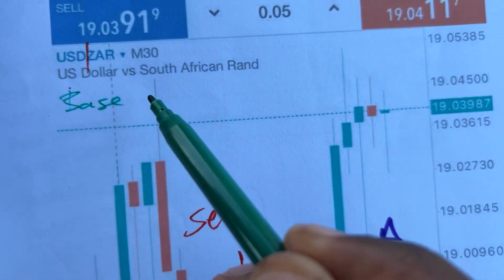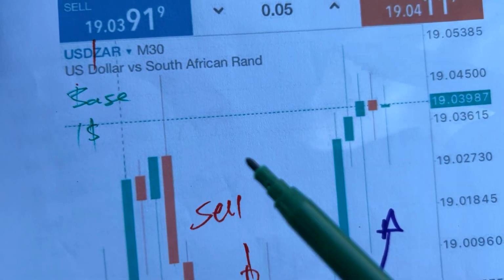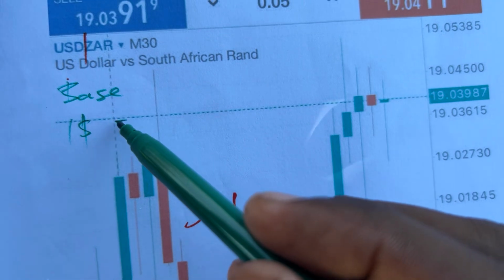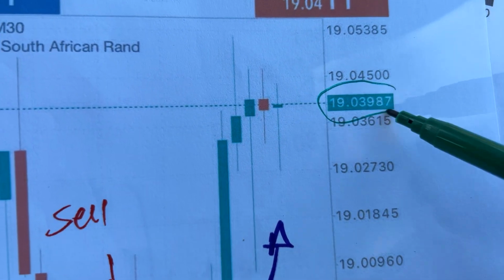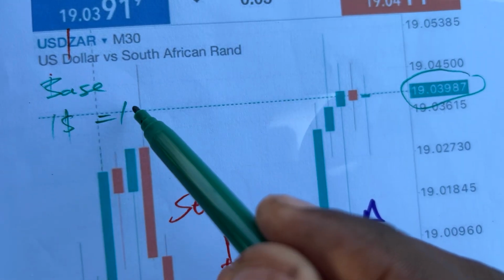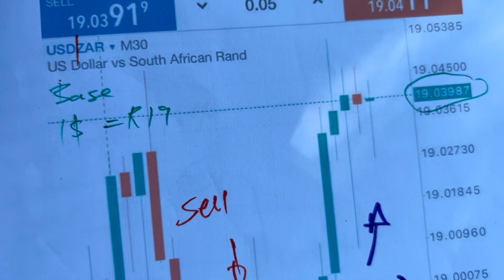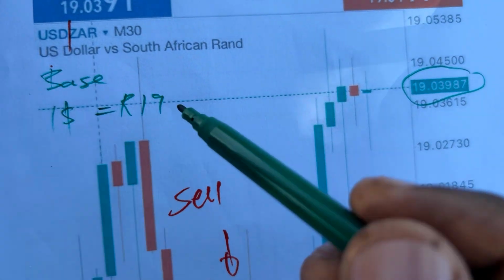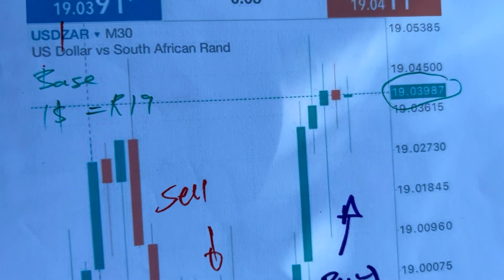Now, the South African rand is equal to this price. The current price is at 19. I'll put the R because we're using R, but in trading terms we use ZAR. I'm not going to put the other prices, you can do that on your own.